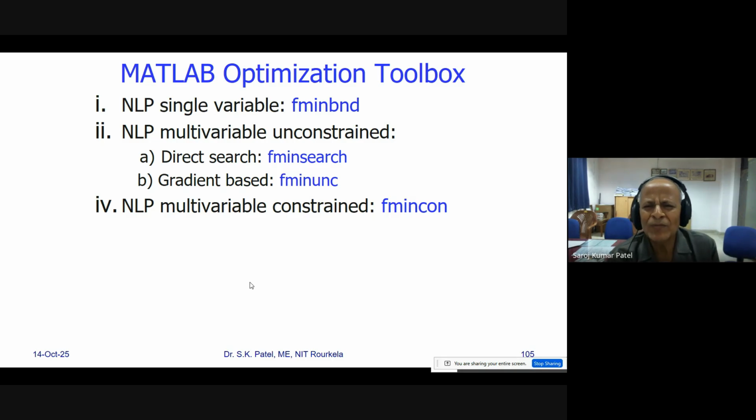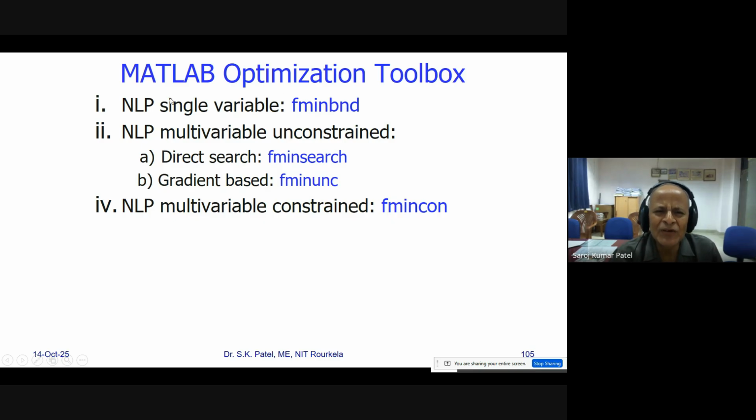Now, whatever we have read till now, if you have not understood anything, no problem. Use this. All this optimization tooling is available in our MATLAB toolbox. Use these 4 commands and you can still find the optimization result.